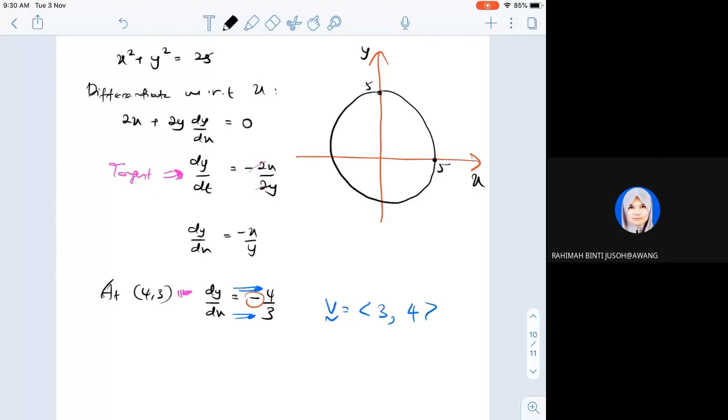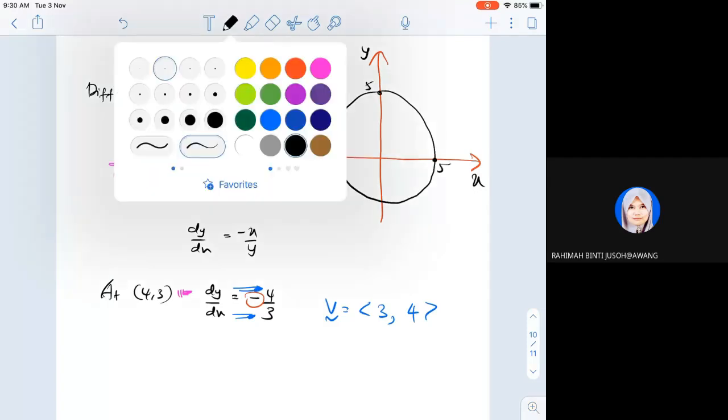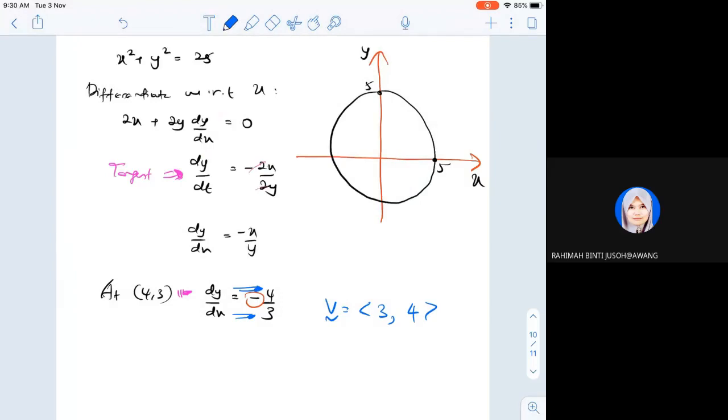Now, let's say a point P at 4, 3. So let's say here is the coordinate of 4, 3.